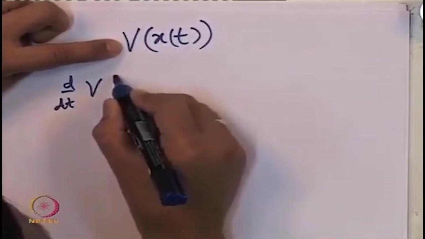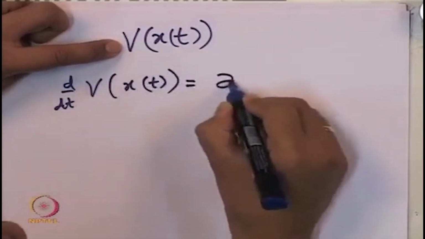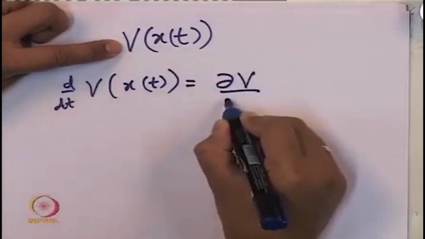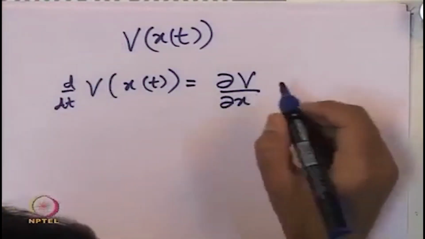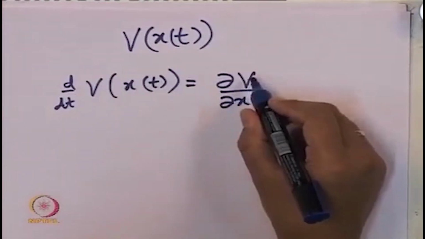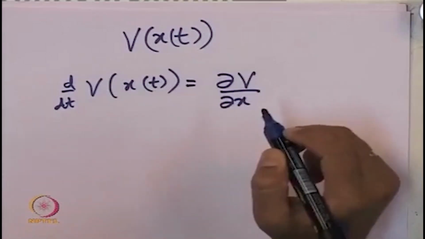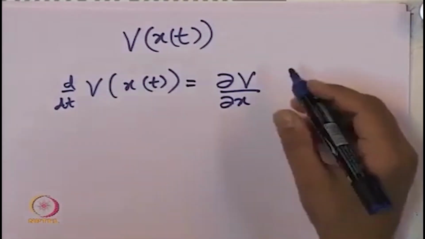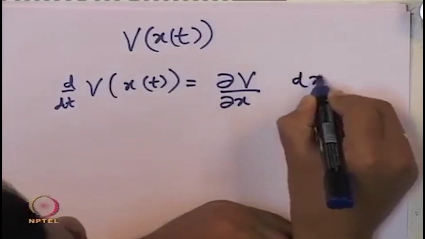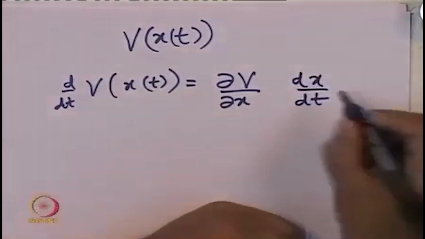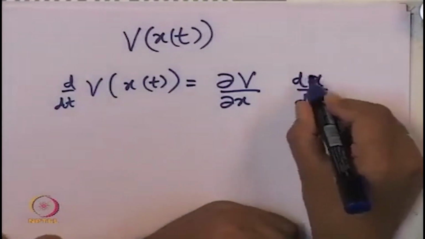So, d by dt of v of x of t is equal to the partial derivative of v with respect to x, because v itself depends on many variables x1 up to xn, and hence this derivative is not an ordinary derivative, but a partial derivative, and then dx by dt. x itself depends on only one independent variable, time, and hence this is dx by dt.